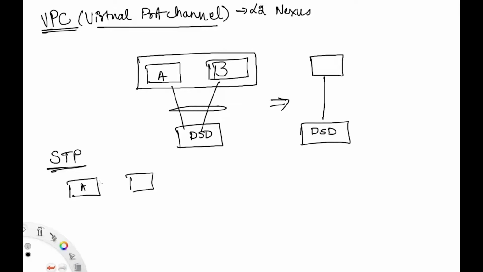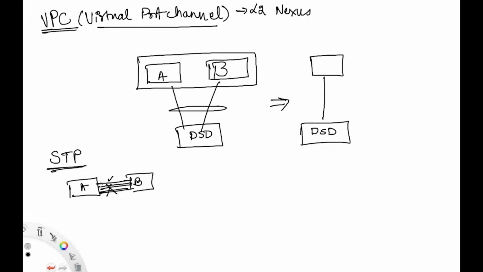Let's take I have A and B devices. If there is one link, then STP will not come into picture because there's only one link, no loop will happen in this, right? But if there is at least two links or more than two links like this between the two devices, then only one link is going to be forwarded, the remaining are all going to be in a blocking state, right?